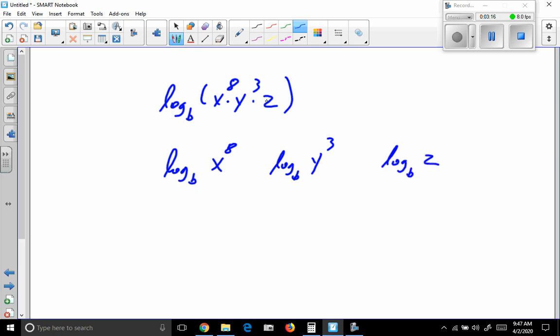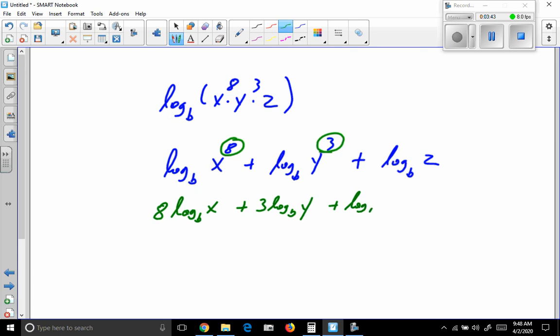Since there are none in the denominator, none of these terms are going to be negative, so each term is positive. One other thing that we can do is notice we have exponents there and exponents there. So we're able to bring our exponents out front and call this 8 log base b of x plus 3 log base b of y plus log base b of z.